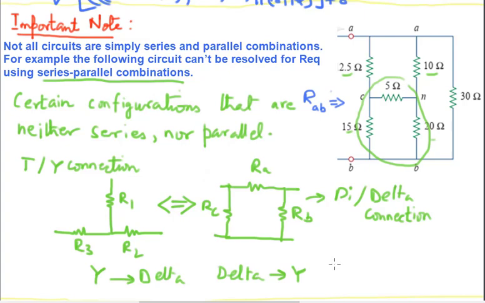So these conversions are actually out of the scope of this course, and hence we are not going to study them, but you should know that in some of the circuits there might be conditions where there is neither series nor parallel combination, and in that case these kind of circuits, the T or Y connection or the delta connection or the pi connection, their interconversion helps you in solving equivalent circuits. You must understand that.